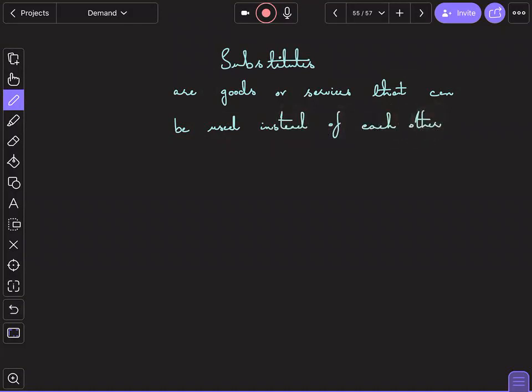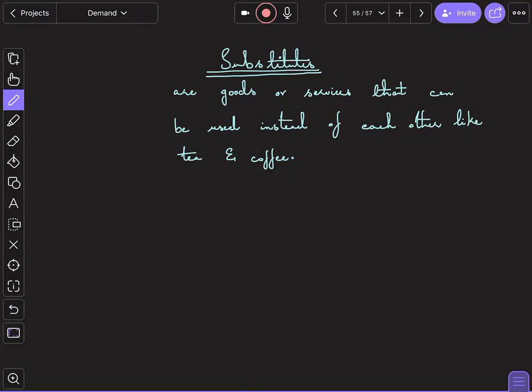So substitutes are products that can be used alternative to each other. They can be used instead of each other, such as tea and coffee, or jam or butter. So what will happen if there is a change in the price of one product?